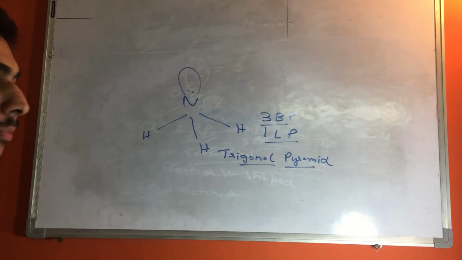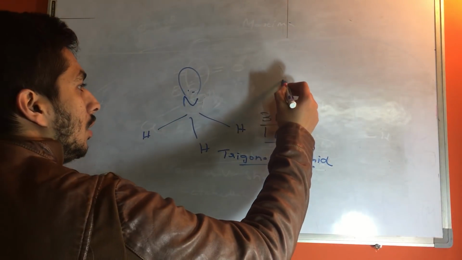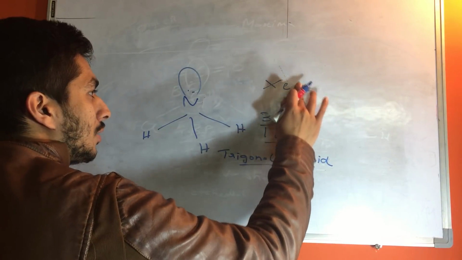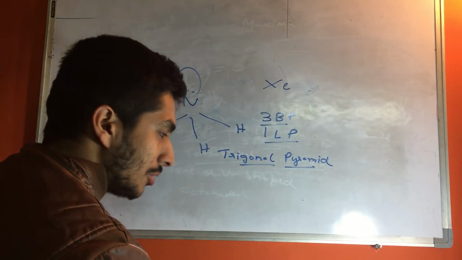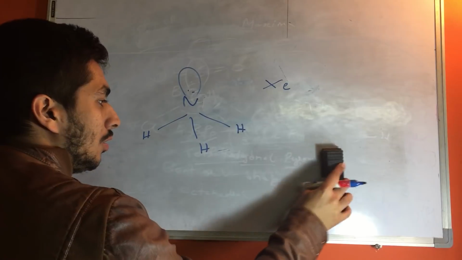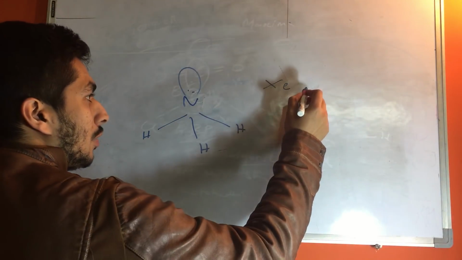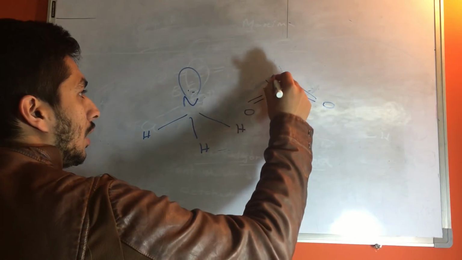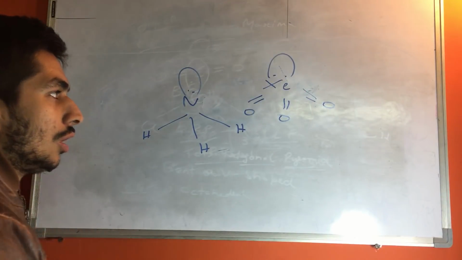One more example of this kind of compound is XeO3, a xenon compound. Now let me draw the structure for XeO3. We have a double bond to oxygen, double bond to oxygen, double bond to oxygen, and a lone pair on xenon. Why?